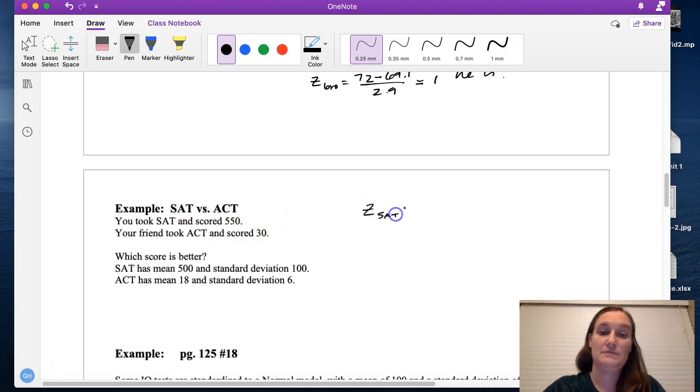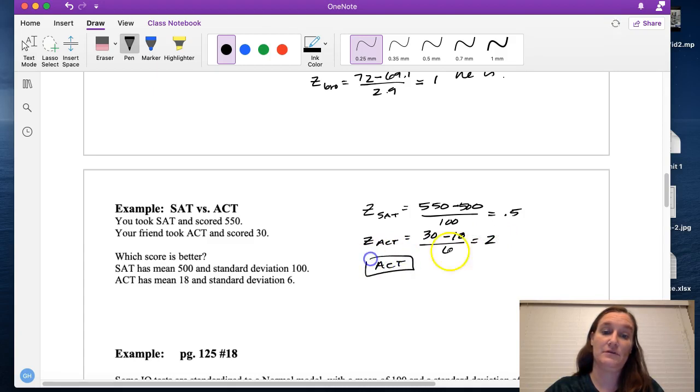So we'll do the SAT first. 550, your data point minus the mean, divided by the standard deviation. That is 0.5. And the ACT, you have 30 minus the mean, divided by the standard deviation. That is 2. So obviously the ACT is the better one.